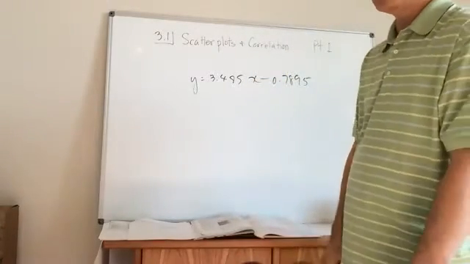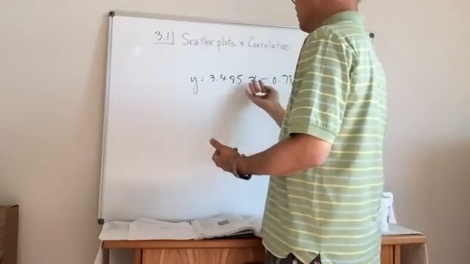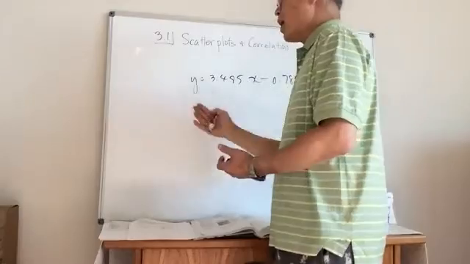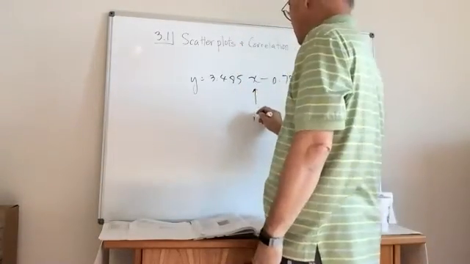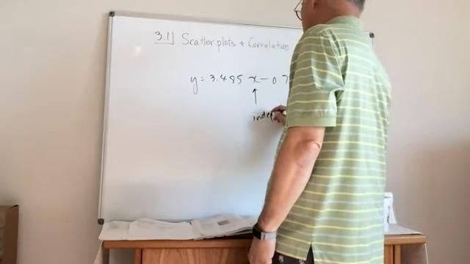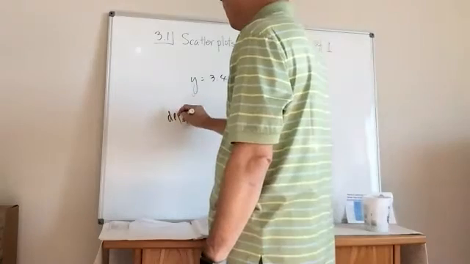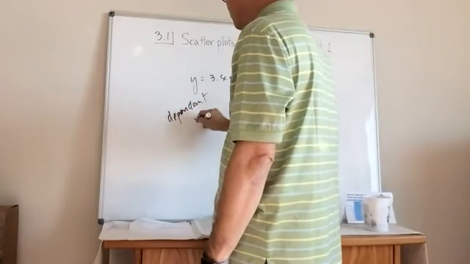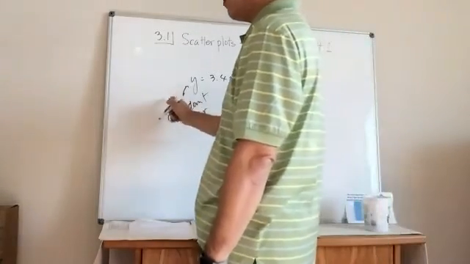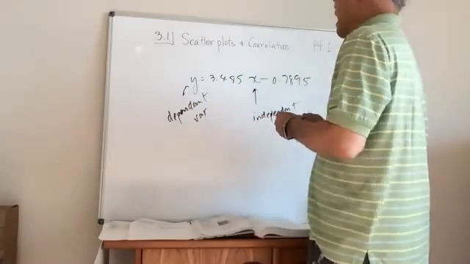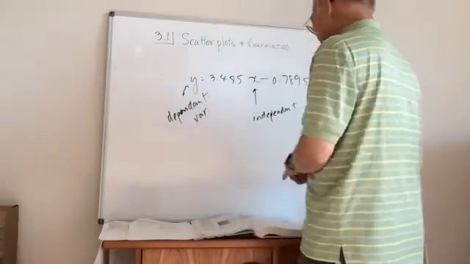It gives us the relationship between X and Y. In algebra, usually X is the independent variable and Y is the dependent variable. In other words, as X changes, Y changes with it.